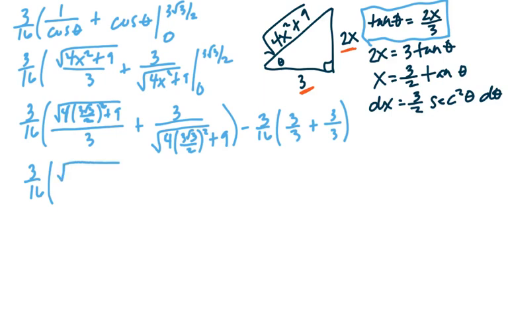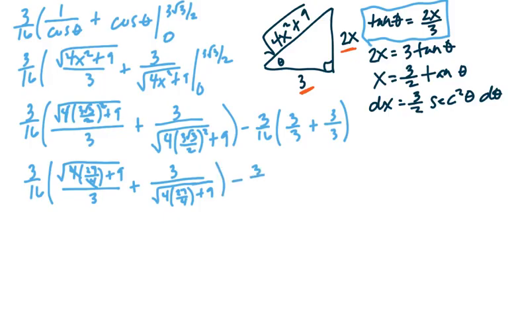So we have the square root of 4, and this is 27 over 4, plus 9 over 3, plus 3, and here we have the square root of 4 times 27 over 4. 3 squared of 3 squared is 9 times 3, which is 27, just in case you're wondering where that came from.